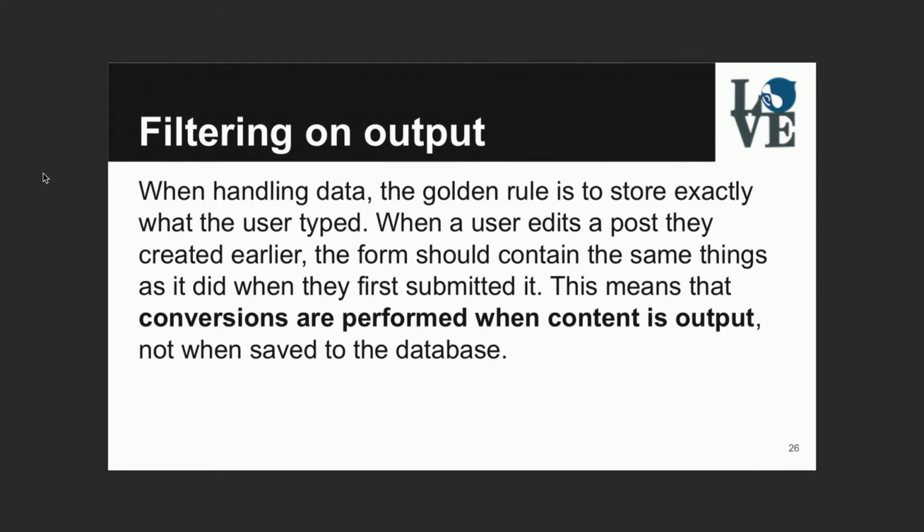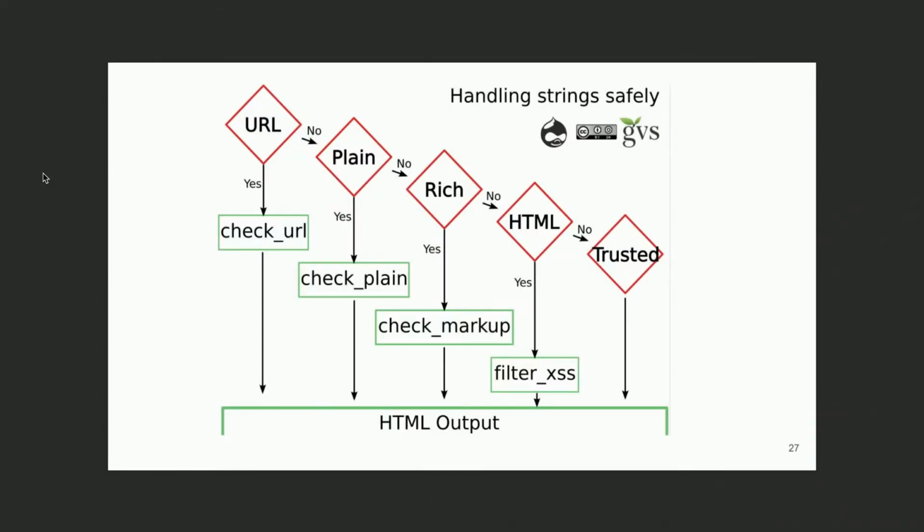And so we have a hierarchy. These are the levels of things from most restricted to least restricted. Something that is most restricted, that we can filter most severely, is something like a URL. We know URLs should conform to some very limited format.